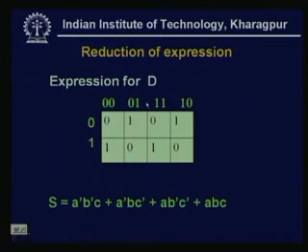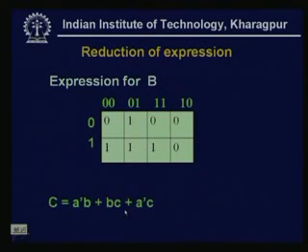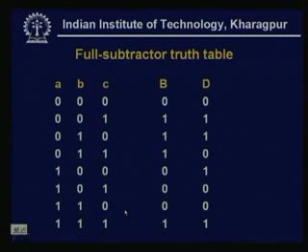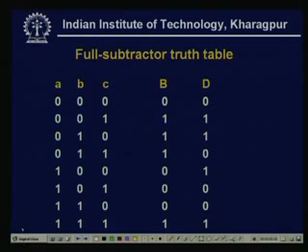So, when we write the expression for D, we see that the minterms that exist are for 001, that means decimal 1, then 2, then 4 and then 7.